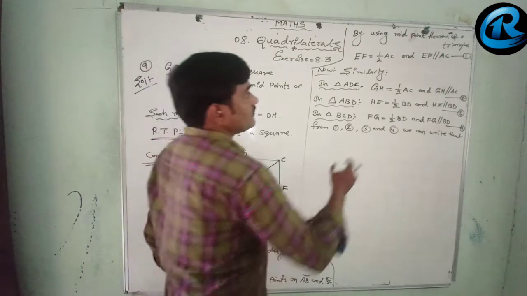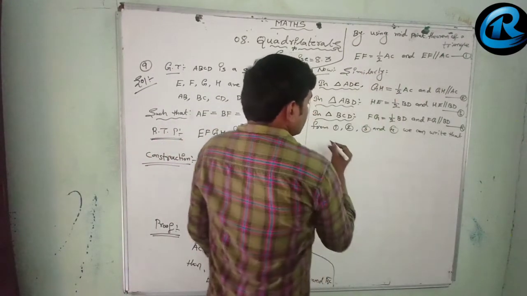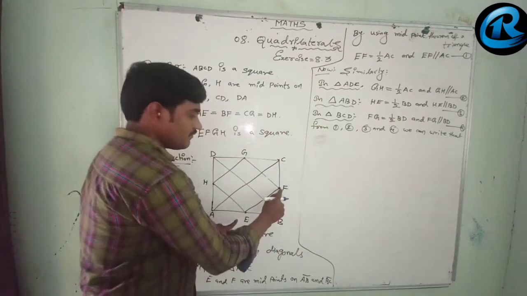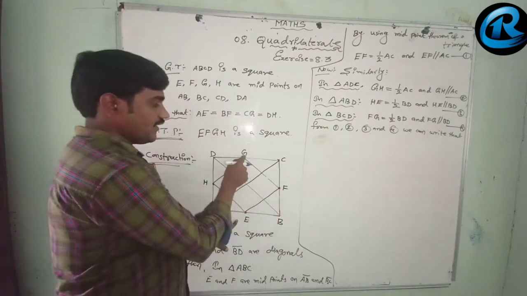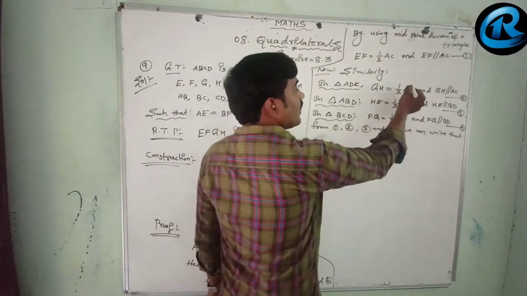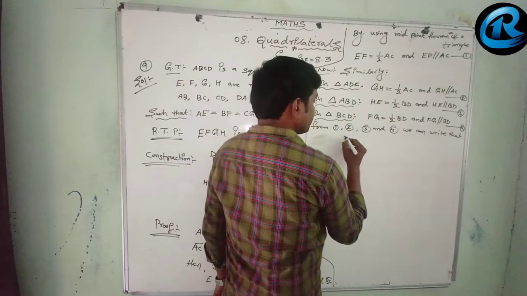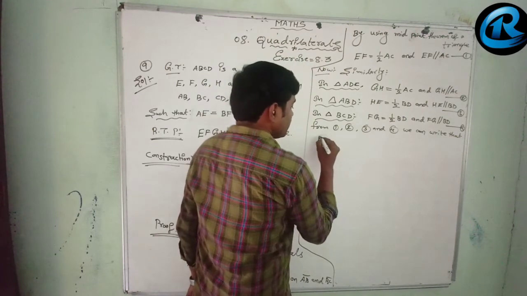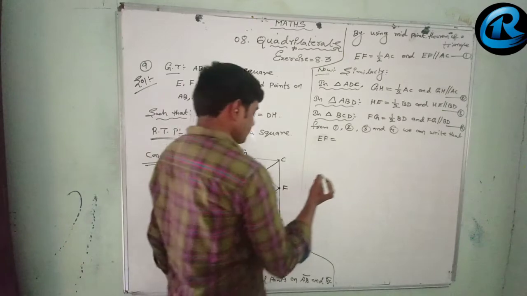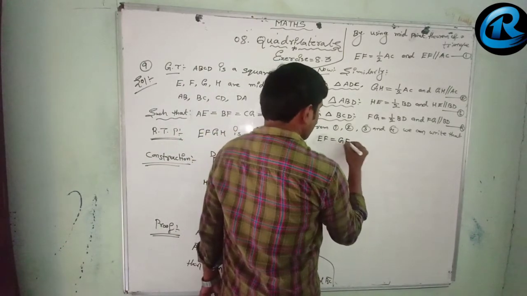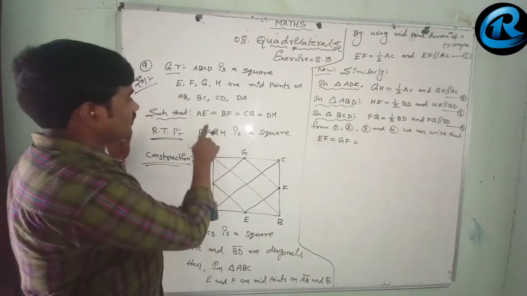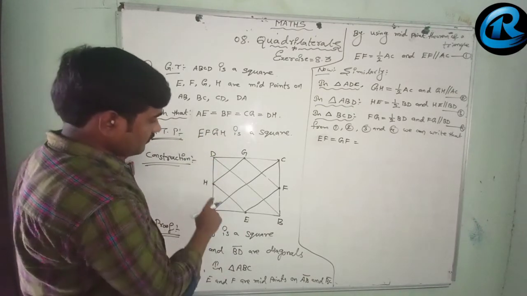From these, we can write EF and FG. We know that AC is equal to BD. EF is equal to GF, and what was given in the question is AE equal to BF.